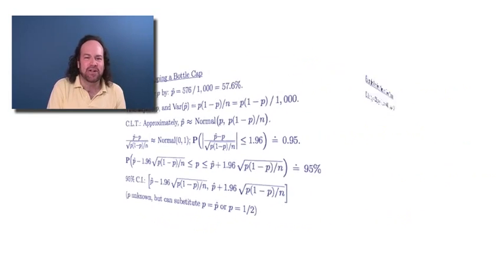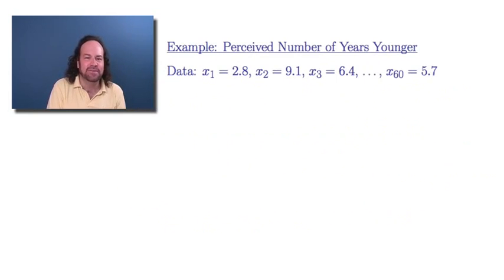Now, let's consider the data that Allison presented last time about the number of years younger that 60 different patients were perceived after undergoing plastic surgery. The data in this case consists of the number of years younger that each of the 60 people is perceived.